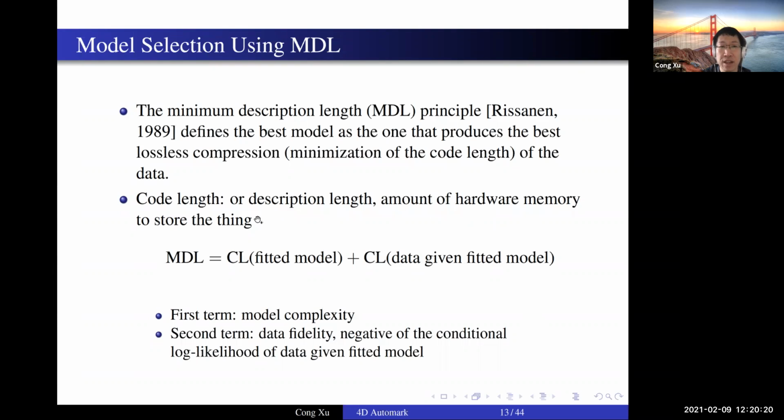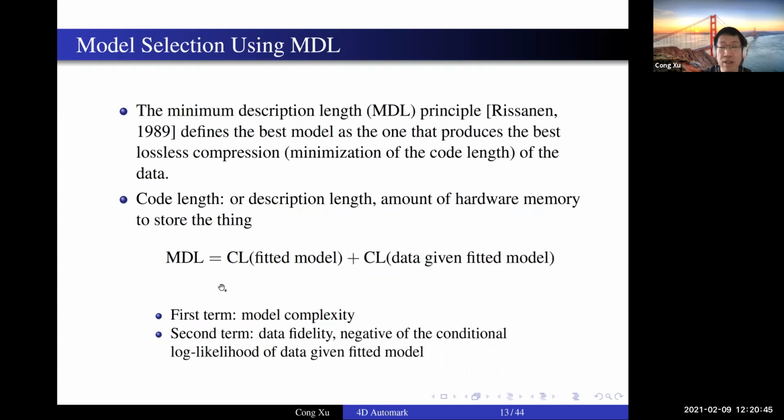So then we can see that for a given model, the MDL can be viewed as the code length. First, we want to encode the model, and then we want to encode the data given this fitted model. And the summation of these two code lengths is the corresponding MDL for this model.